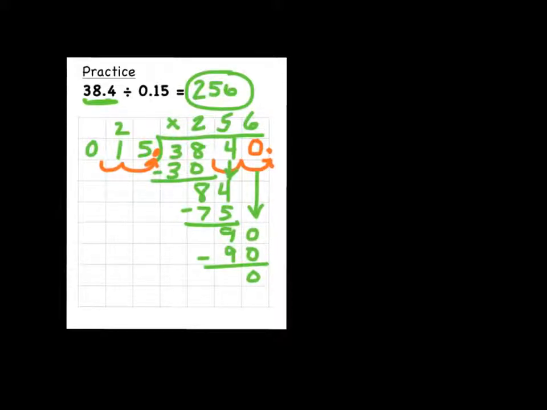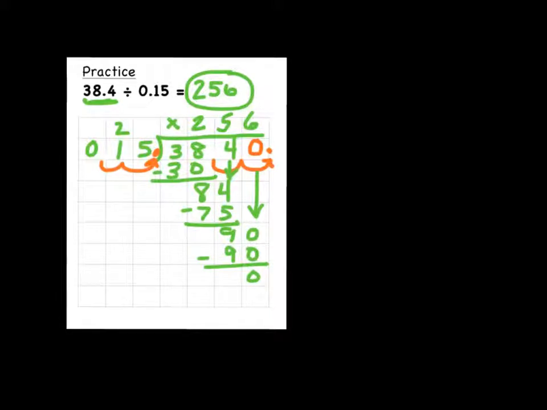Solving decimal division problems can be tricky, especially as you get into 2-digit numbers. So you always want to make sure that you are checking your work by multiplying. I'm going to multiply the original divisor by my quotient.